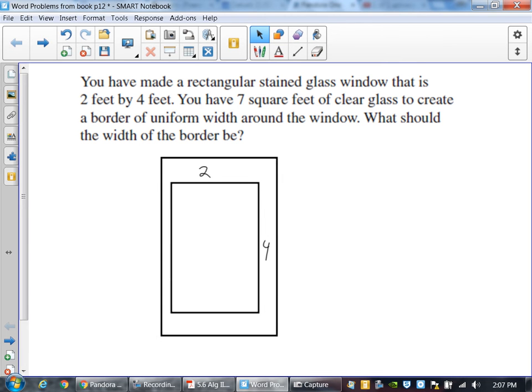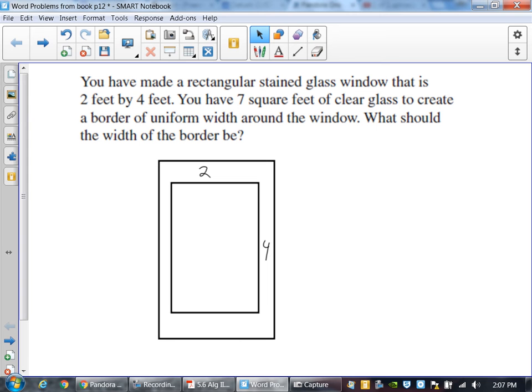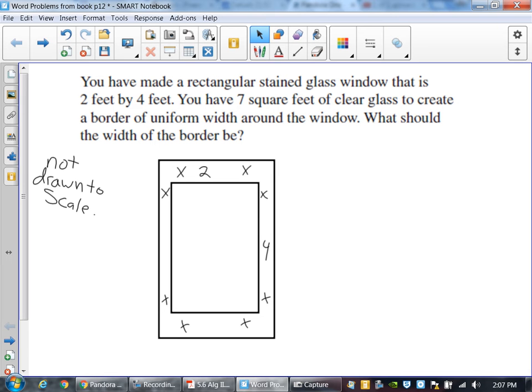If it's a border of uniform width, that means it stays the same all the way around. So this is x, x. It's the same width all the way around it. I'll throw that on there so you don't yell at me. It is not drawn to scale.